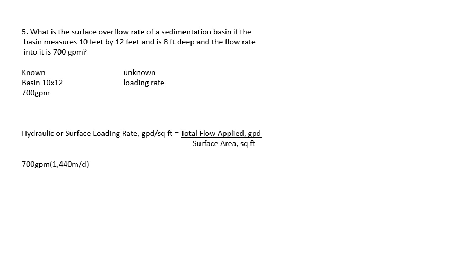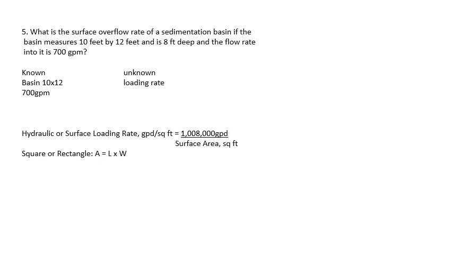Also, flow applied is in gallons per day. This time we're given 700 gallons per minute. So we're going to multiply by 1,440 minutes in a day. That leaves you with an answer of 1,008,000 gallons per day. Plug that into your formula.